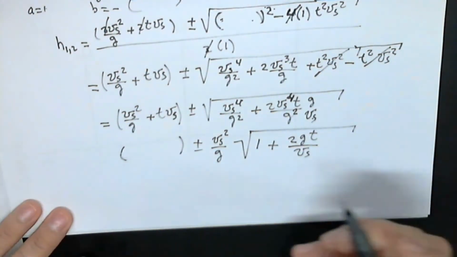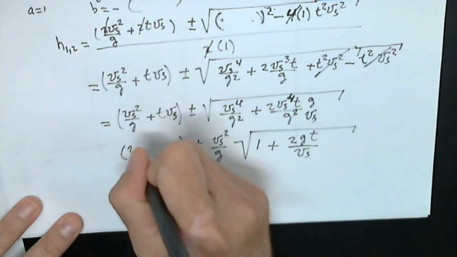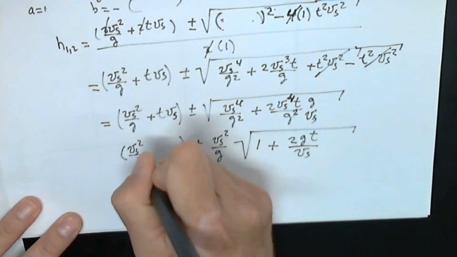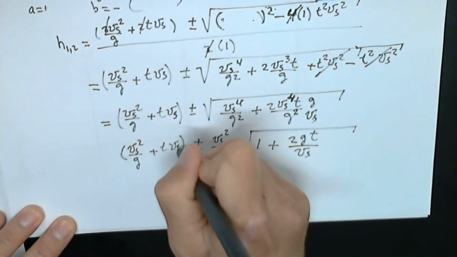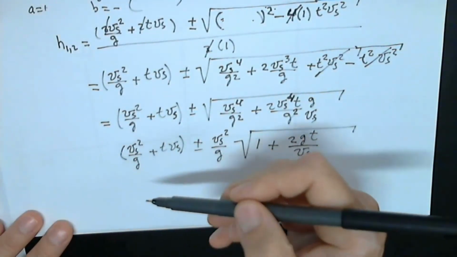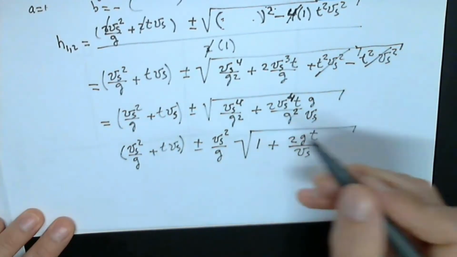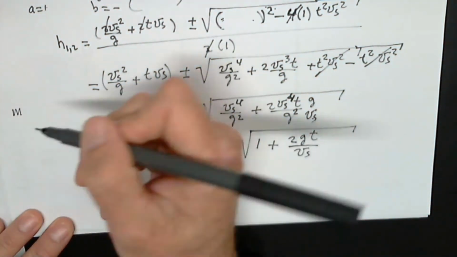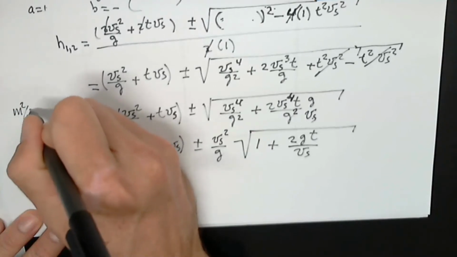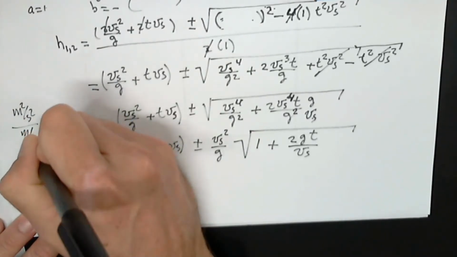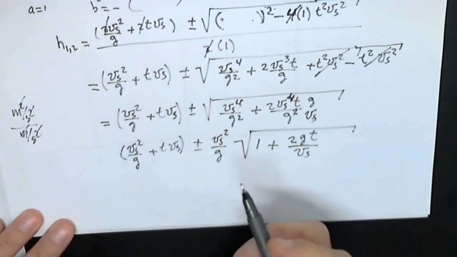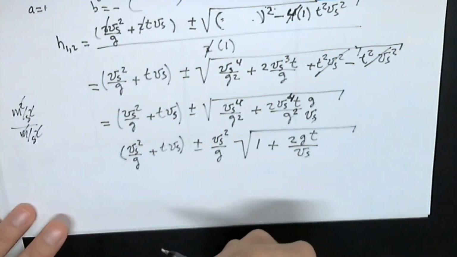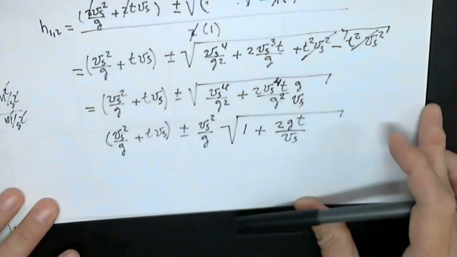And over here I have bs squared over g plus dbs. What is bs squared over g? It has units of distance, right? So meters squared second squared over meters per second squared. So bs squared over g has units of meters. That's why I wanted to.